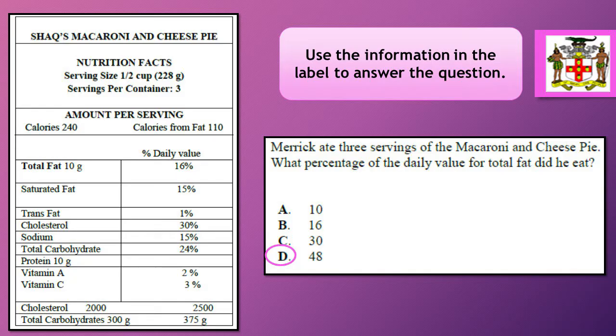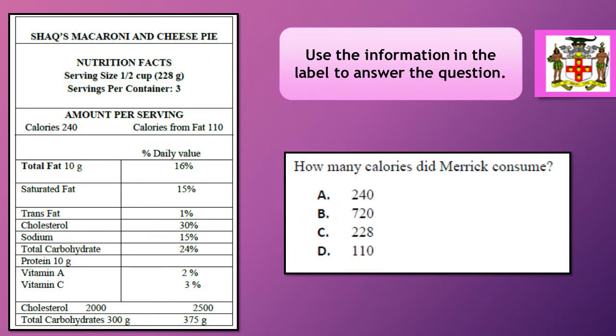Let's look at another question using the same food label. Now we're also asked how many calories did Merrick consume? From the label given, again, the number of calories per serving would be 240. Can you see that on the label? Right, 240.